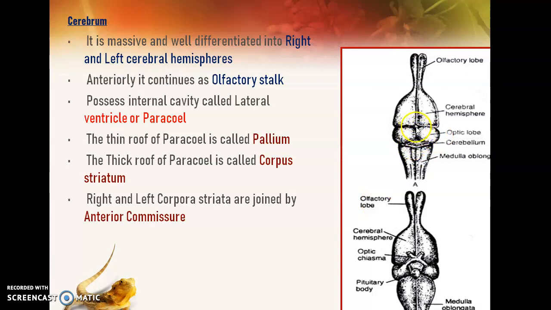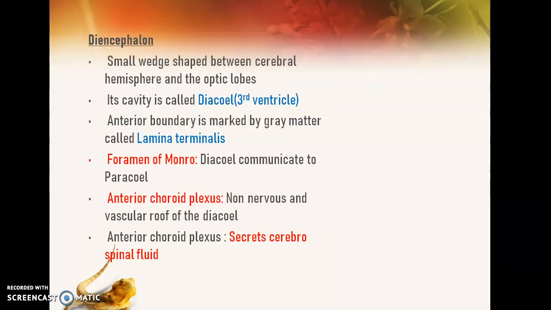This is a wedge-shaped structure, and this is called the diencephalon. Okay, and this structure also possesses a cavity that is called diocoele or third ventricle, and its anterior boundary is marked by a grey matter that is called the lamina terminalis.